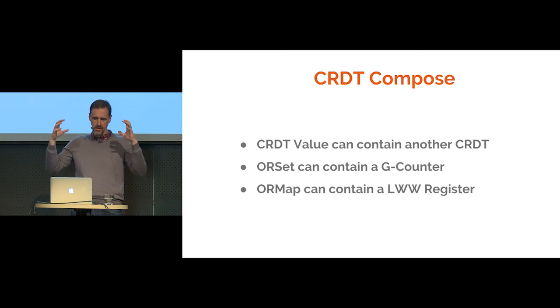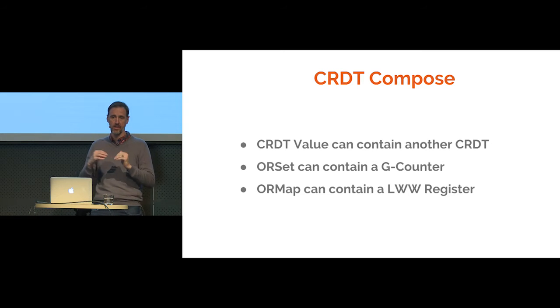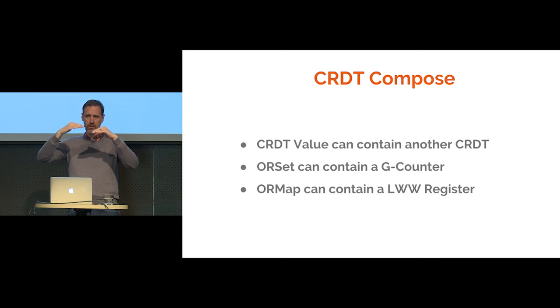So not only does the top-level data type converge, my nested values within that data type converge. And so I can compose these and make really interesting structures out of them. So like I could do an observed-remove map with a last-write-wins register inside of it. That way, if I have a map with counters or register values, I can converge that map, and then inside those values, if I have conflicting values, I can resolve those with last-write-wins.